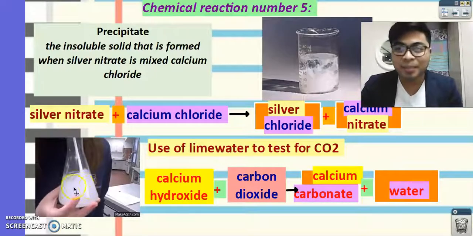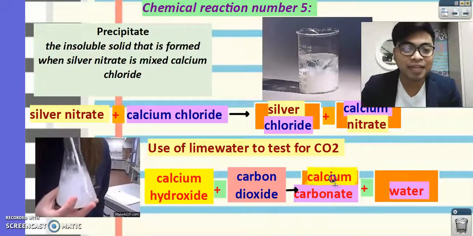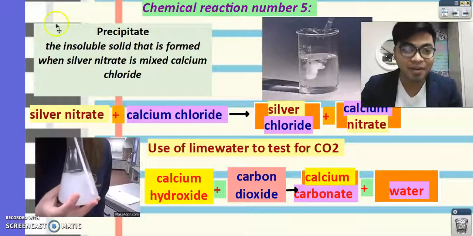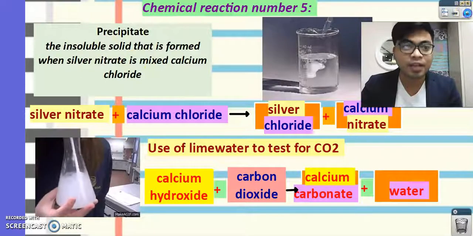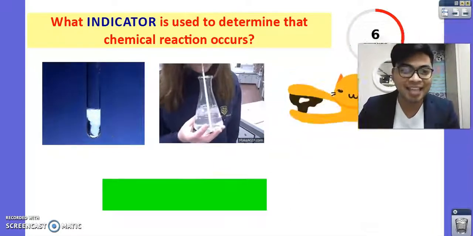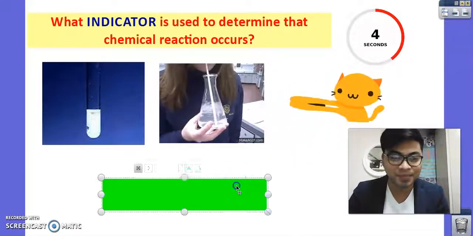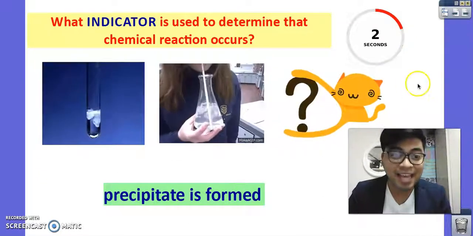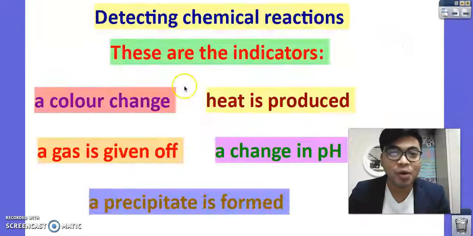The precipitate here is in the form of calcium carbonate. So the question here is, what indicator is used in this process? Precipitate is formed. So we have here 5 indicators that a chemical reaction takes place.